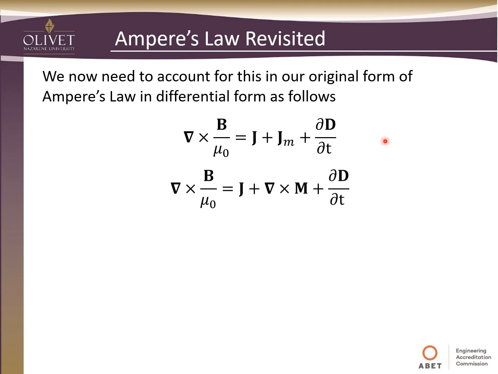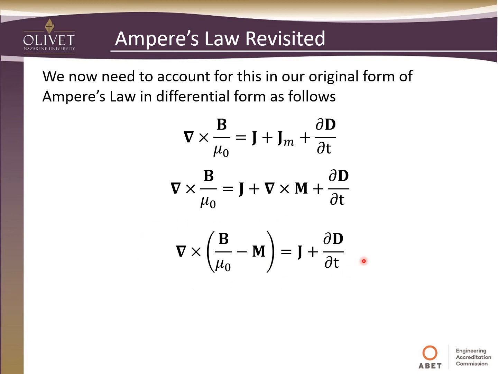Well, we can do some finagling now. So we know that this magnetic current density is defined as the curl of the magnetization vector. So we can substitute that in, and then we can do some rearranging.